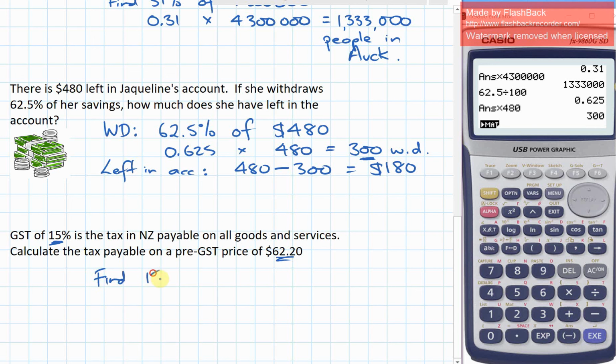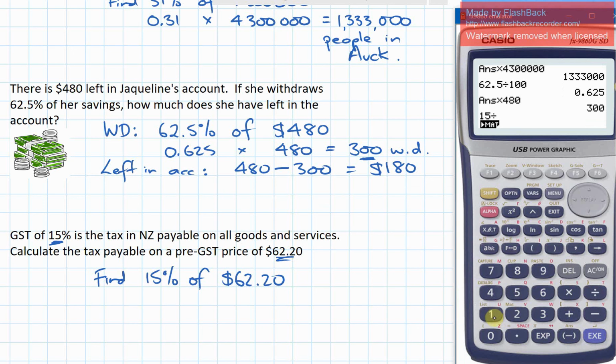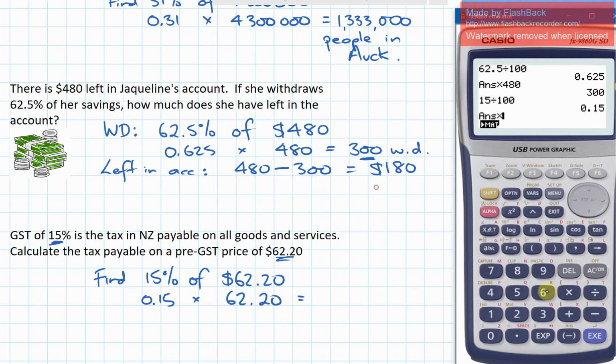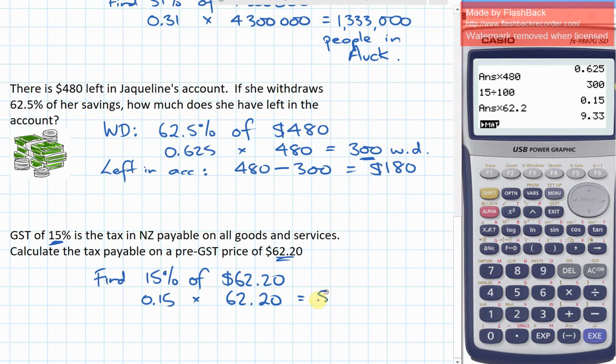So find 15%, and that'll be the GST that is paid. So 15% is 0.15 times 62.20, that is equal to $9.33. So $9.33 tax.